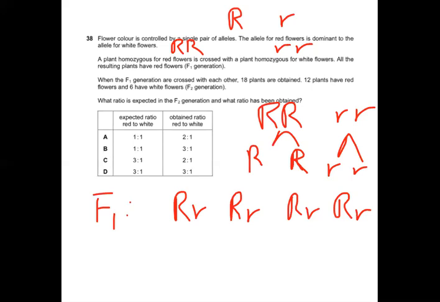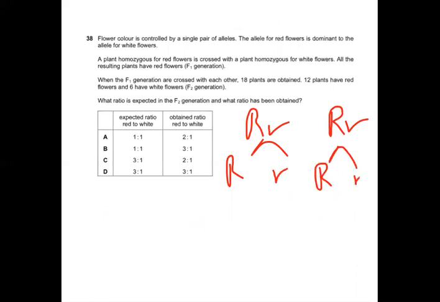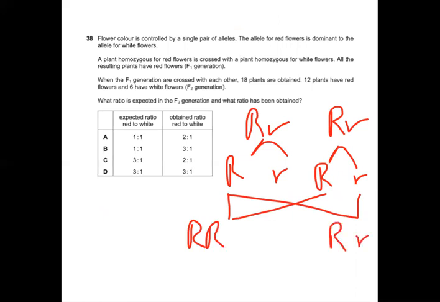So we'll take two of these and cross them with each other. So capital R small r, and capital R small r. So this is capital R capital R, and this is capital R small r. This is small r small r.